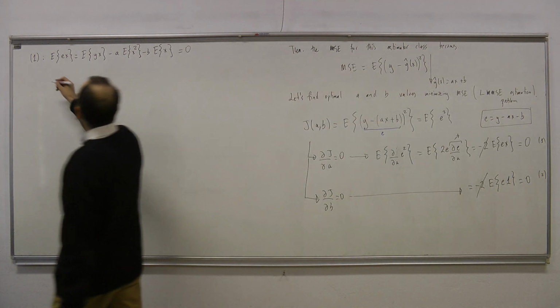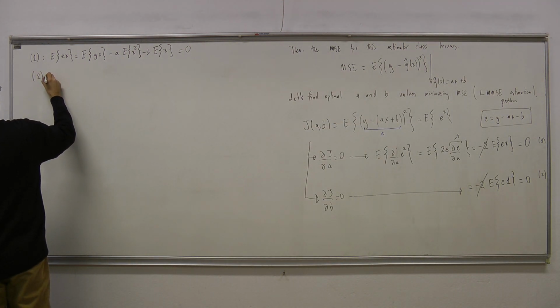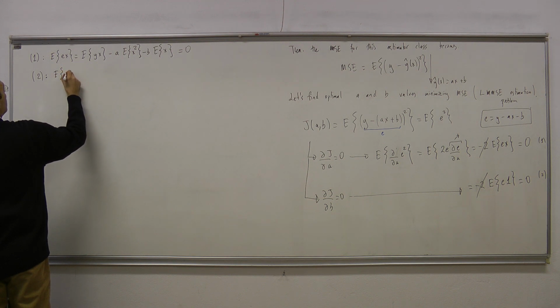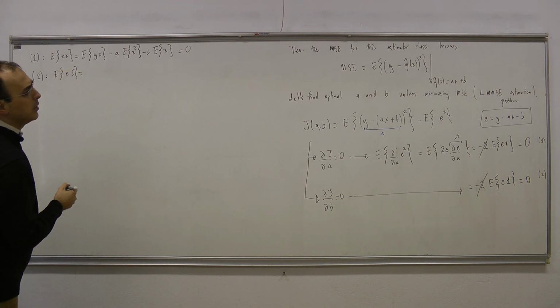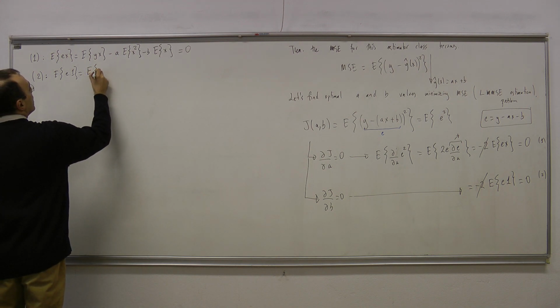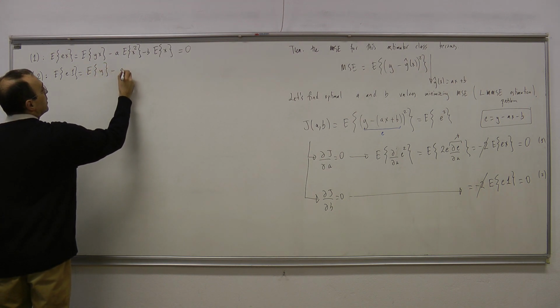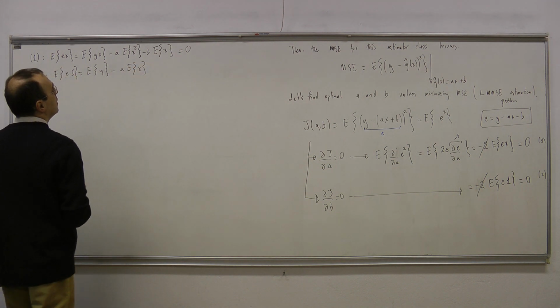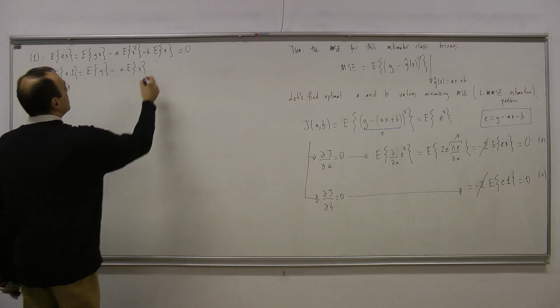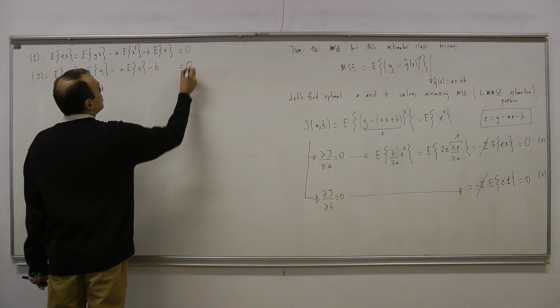So my second equation: expected value of e times 1 is equal to 0. So I have expected value of y minus expected value of a times x minus b is equal to 0.